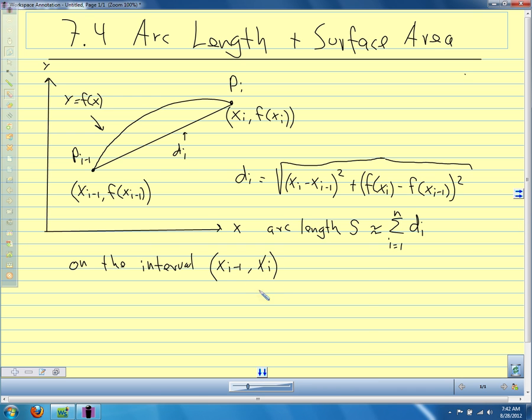So we have a closed interval. We're assuming that our function is continuous and differentiable. It's a well-behaved function. Can we remember what the mean value theorem guarantees us on this interval?